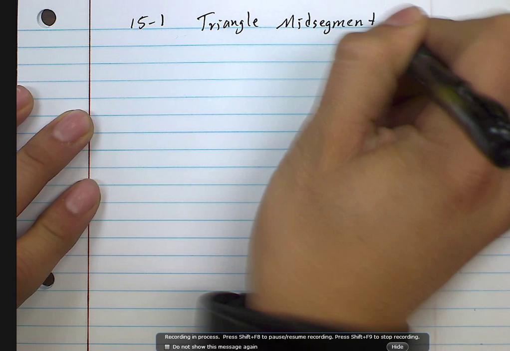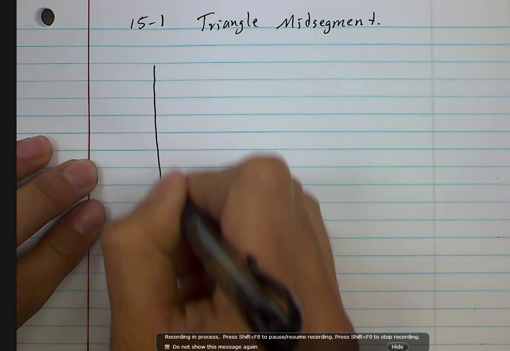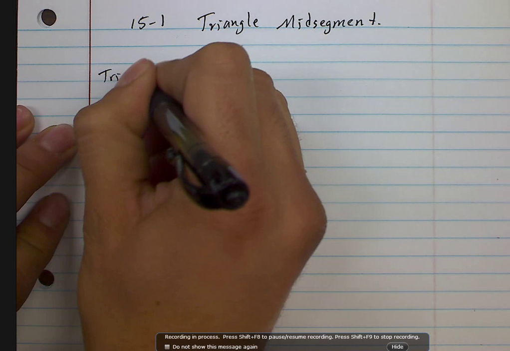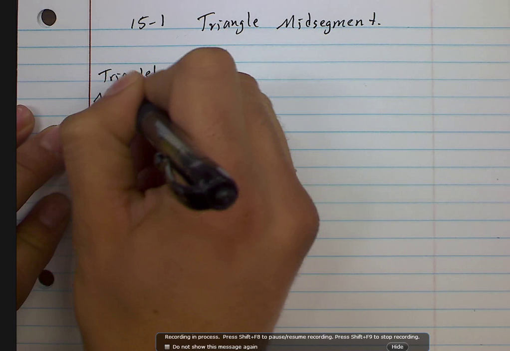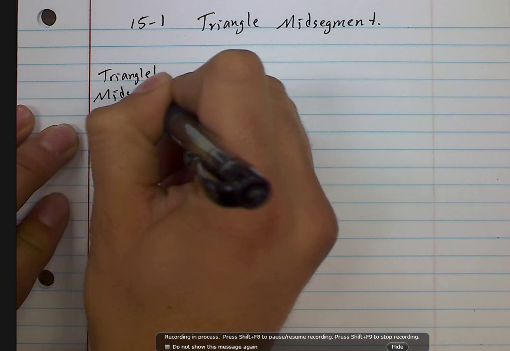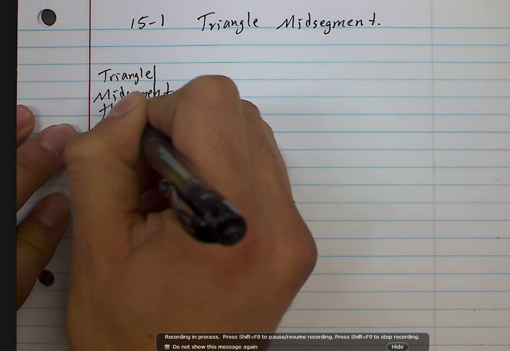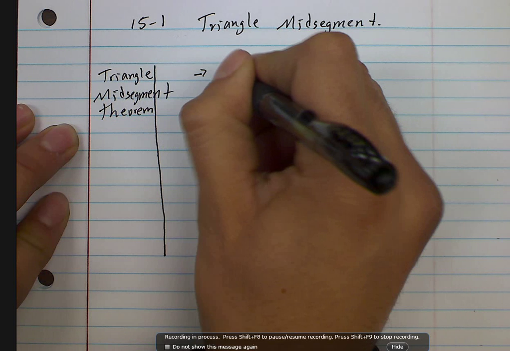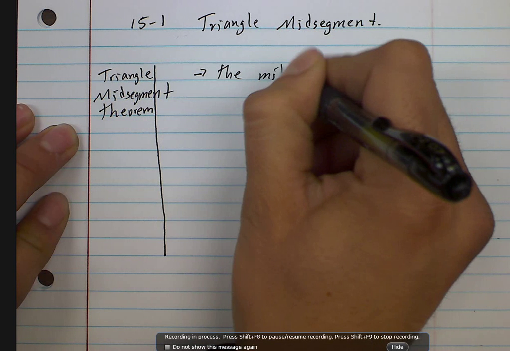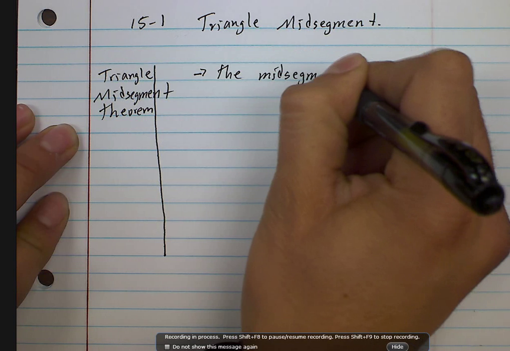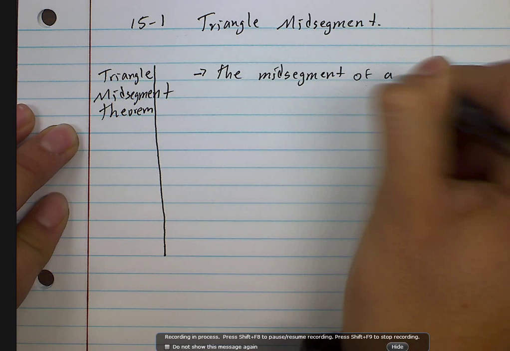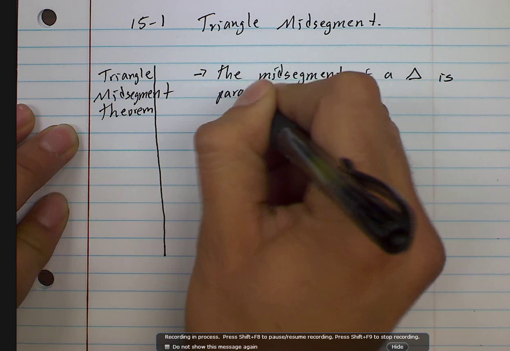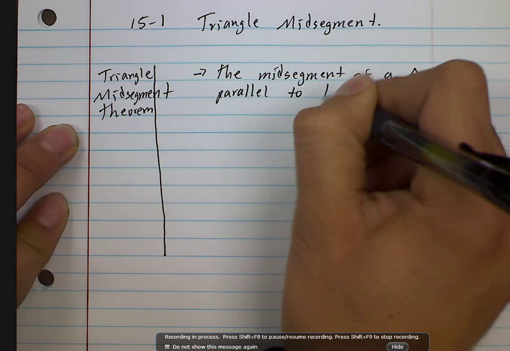Okay, so pretty much what this says, well, there's a theorem here. So let's write it down. It says triangle mid-segment theorem. I'm gonna write the whole thing. So it says the midsegment of a triangle is parallel to the third side.